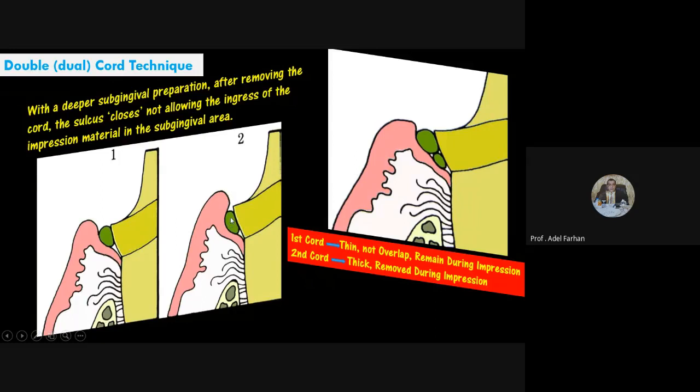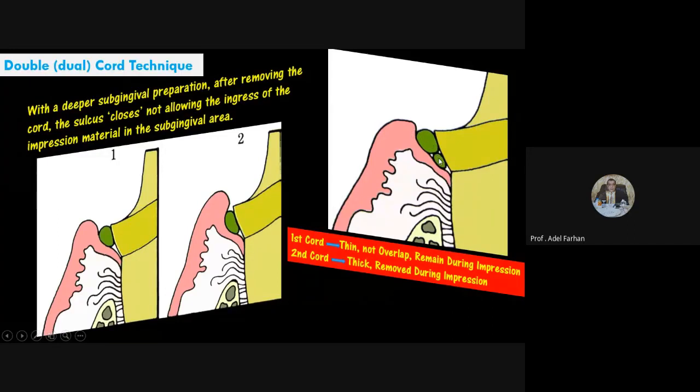When you remove the retraction after 10 minutes, this allows the sulcus to close, not allowing the impression material in. It means relapse of the gingival tissue. So in this case we have to use 2 cords.